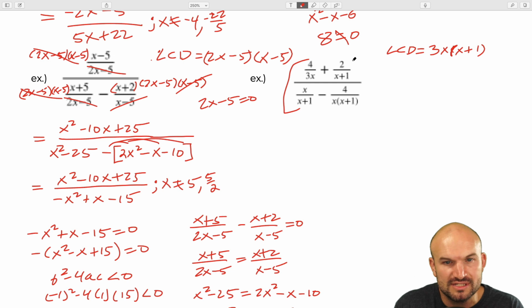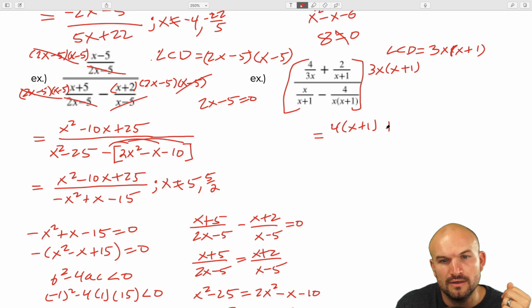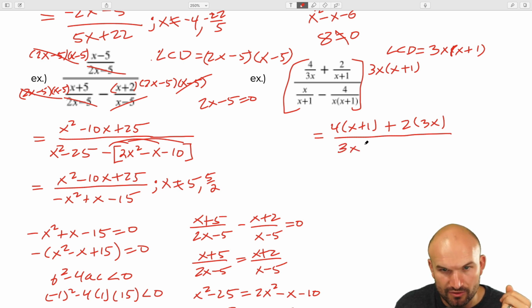So just for simplicity purposes, I'm going to multiply by 3x times x plus 1. When doing that, the 3x will divide out, and I'll be left with 4 times x plus 1 plus 2 times 3x. In the denominator here, the x plus 1s divide out, so that'll give me 3x times x, so 3x squared.